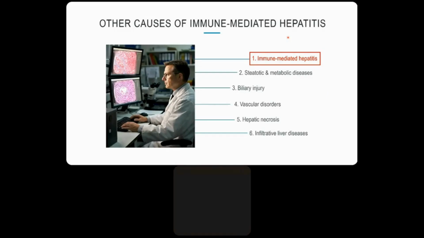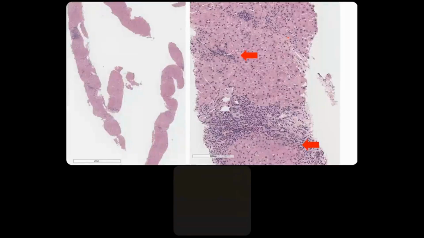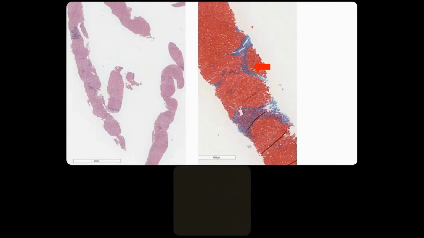Now, moving on to other examples of immune-mediated hepatitis. So here is another patient's liver biopsy showing an immune-mediated hepatitis featuring portal inflammation with interface hepatitis and lobular inflammation.